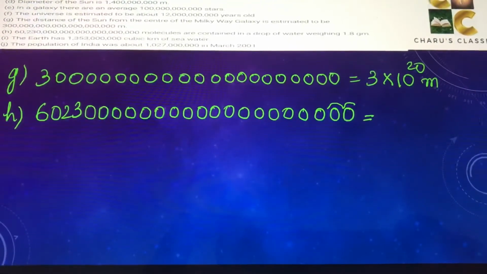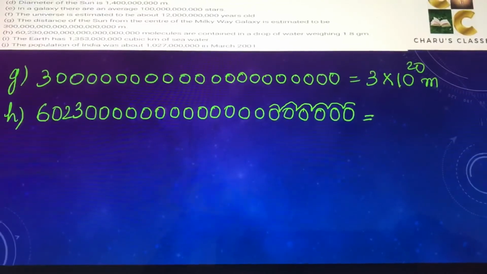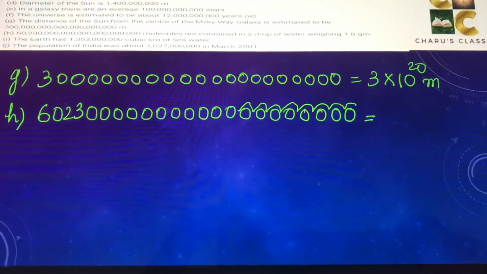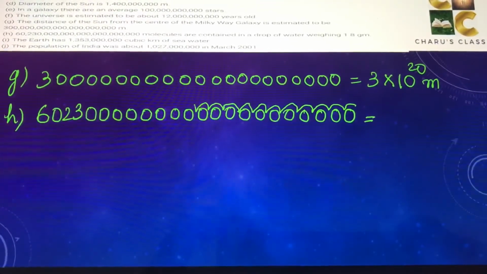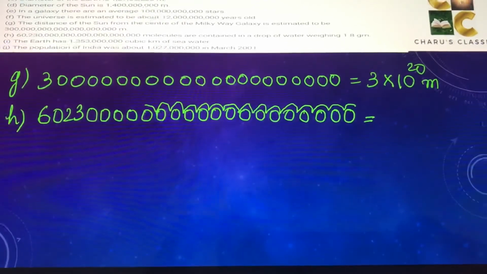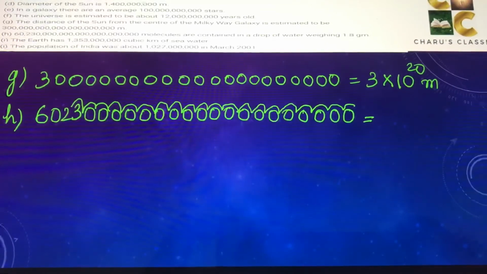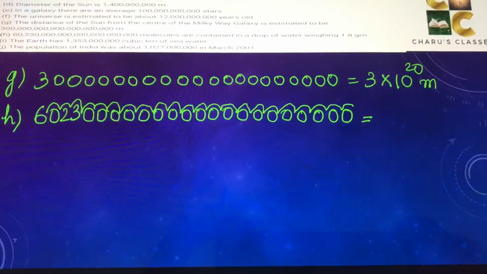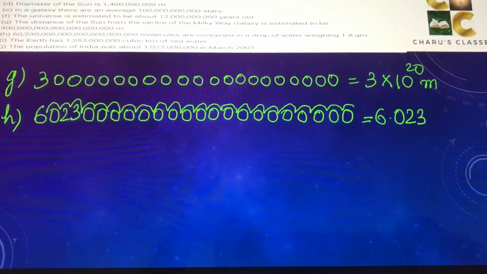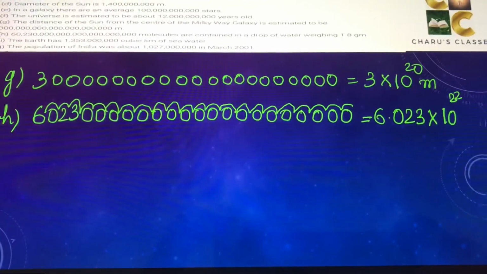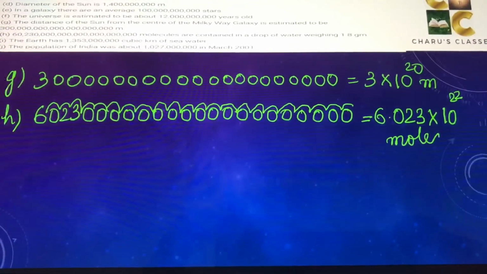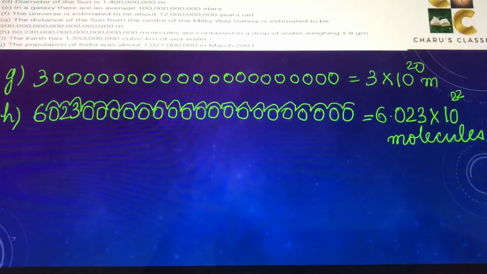So we are going to shift 1, 2, 3, up to 22. This is 6.023 into 10 to the power 22 molecules.